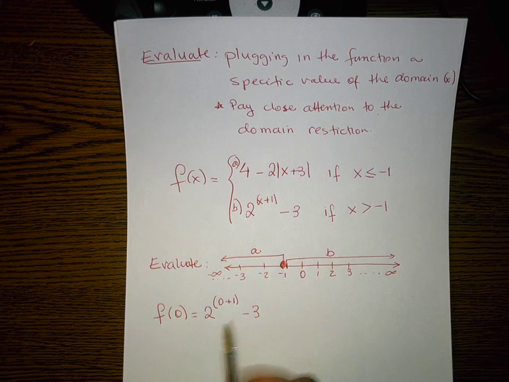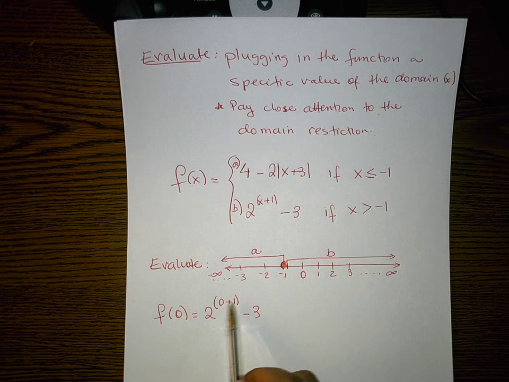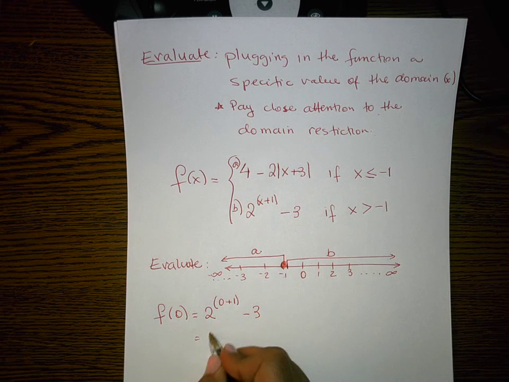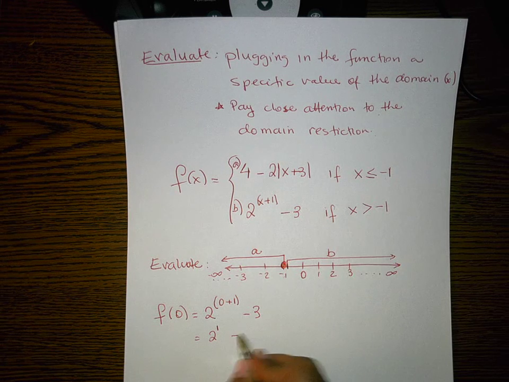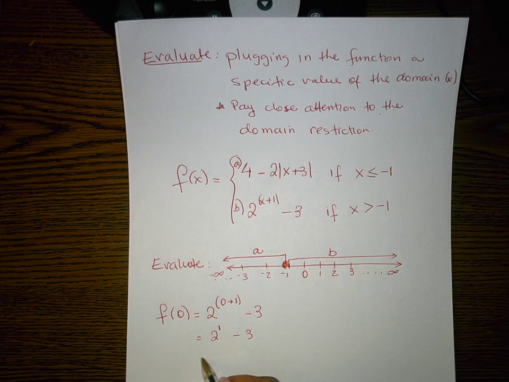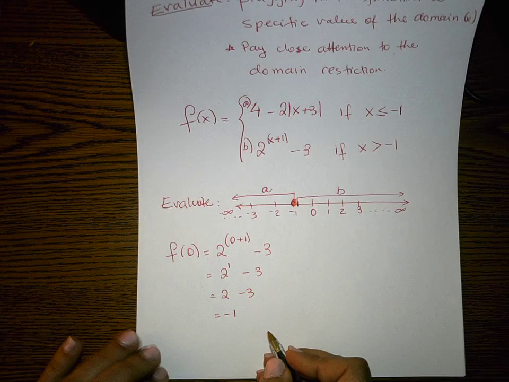Let's evaluate that. 0 plus 1 is 1. So 2 to the first power minus a 3. Well, any number to the first power is itself, so 2 minus a 3, and 2 minus a 3 equals -1.